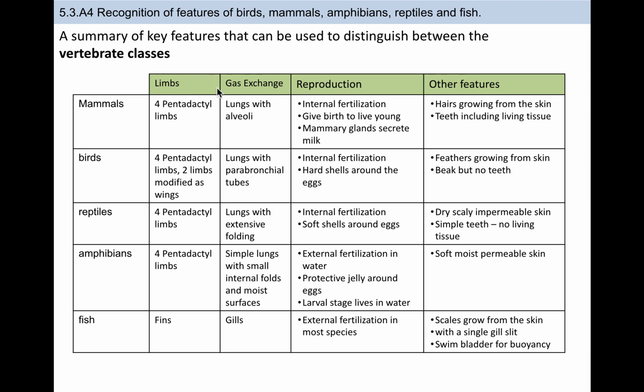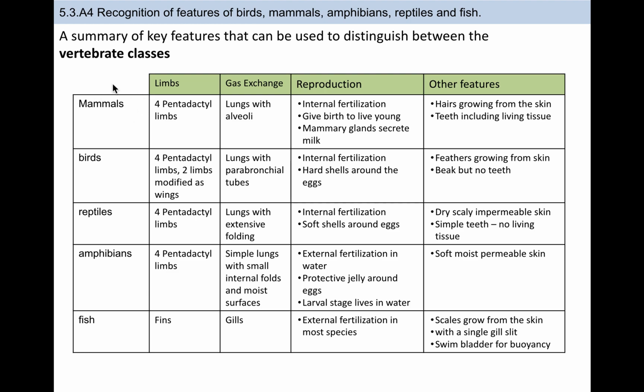Their limb types, so for example, pentadactyl limbs versus fins down here. Pentadactyl limbs, two limbs modified as wings, so you can see it has to do with the limbs. The gas exchange system, so how they breathe, what their lungs are like, how they reproduce, and then the other features, and this is usually what's going to really separate them further down the line.